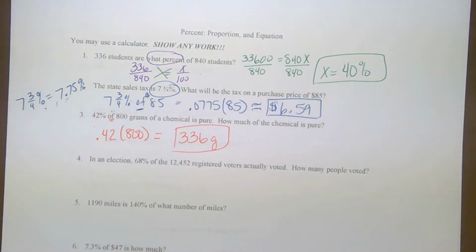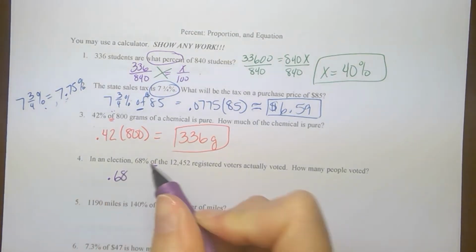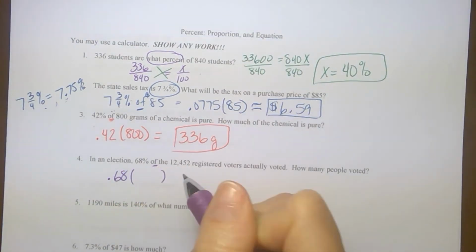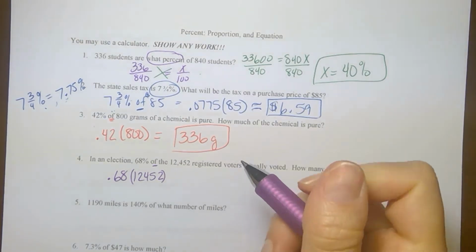Number 4, in an election, 68% of the 12,452 registered voters actually voted. How many people voted? We have 68% of this number. So when I work that problem, I change my 68% to a decimal, moves back 2 places to the left. Of means to multiply 12,452 people.